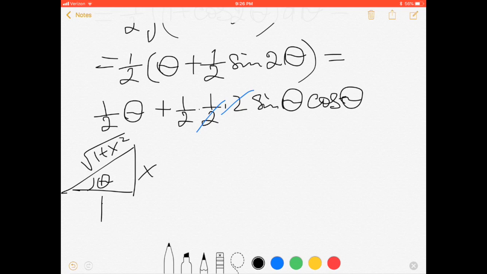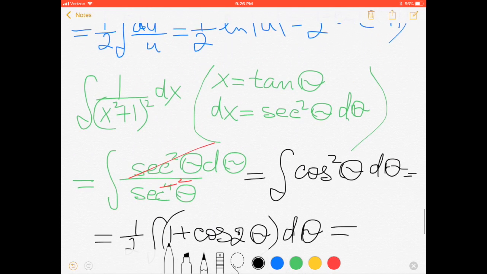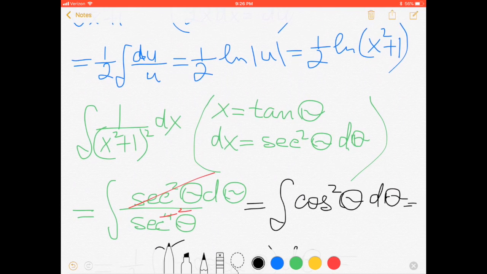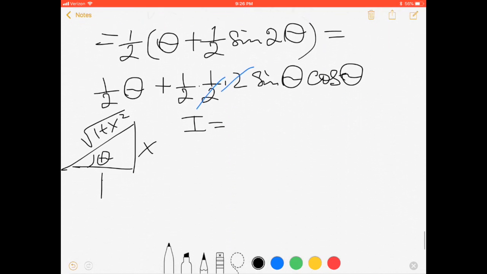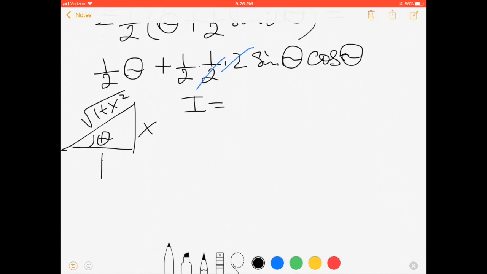Okay, the final answer for our integral. You remember what else we have: the blue one, 1/2 natural logarithm, because we separated these two integrals. 1/2 natural logarithm of x squared plus 1 plus 1/2 theta.